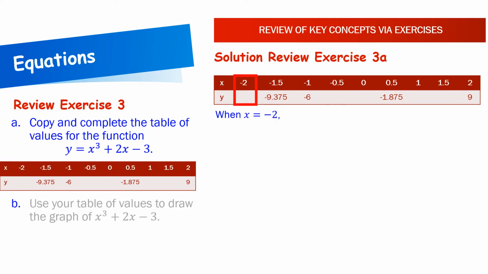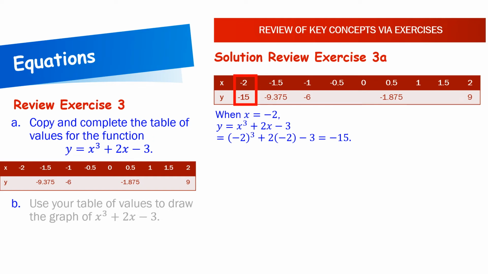When x equals minus 2, y is equal to minus 2 cubed plus 2 times minus 2 minus 3. Here, of course, we've simply plugged in x equals minus 2 into our equation. And then we tidy up to get y equals minus 15.